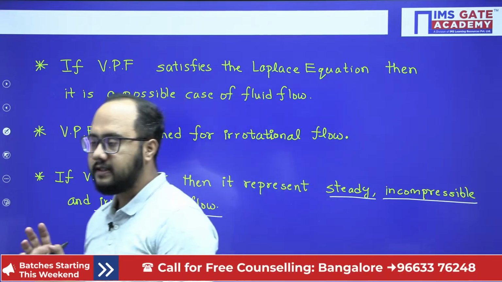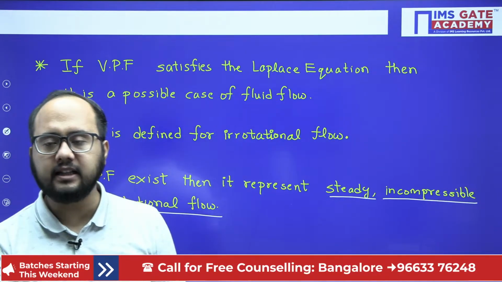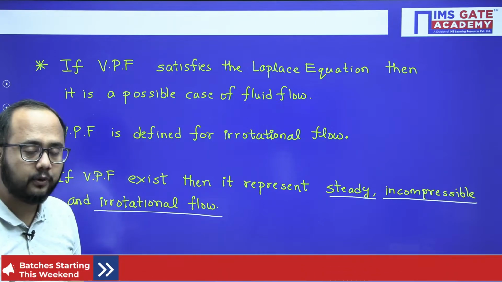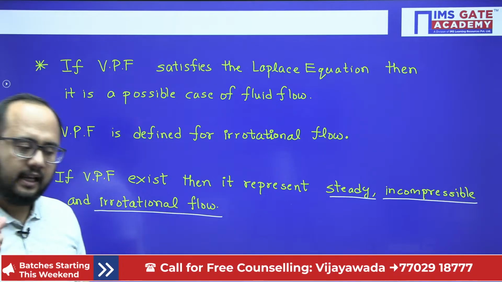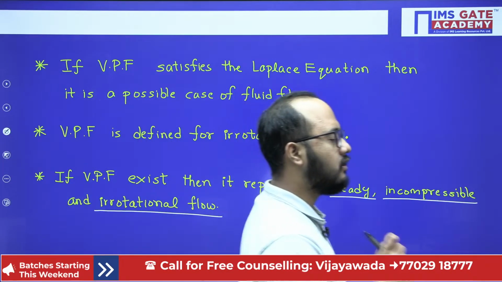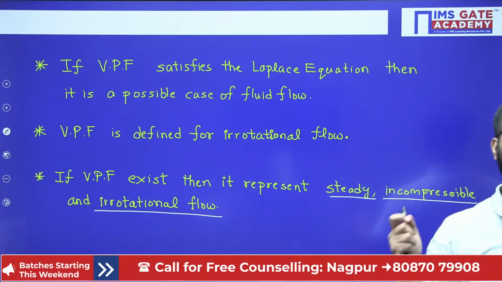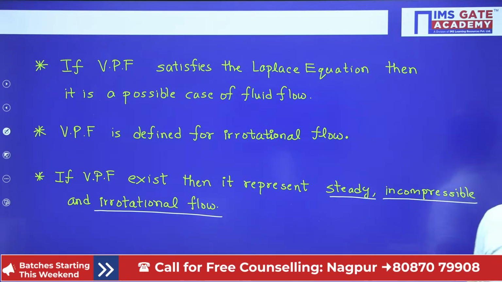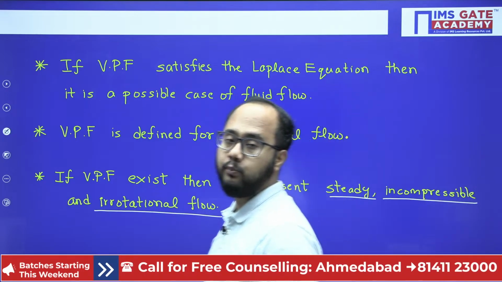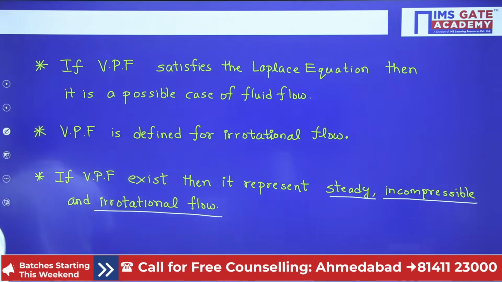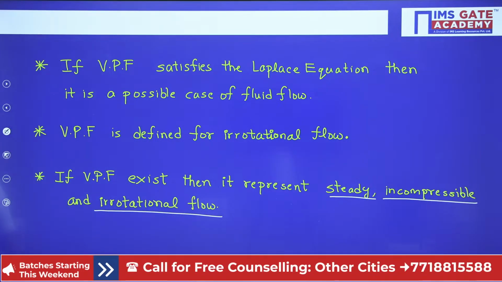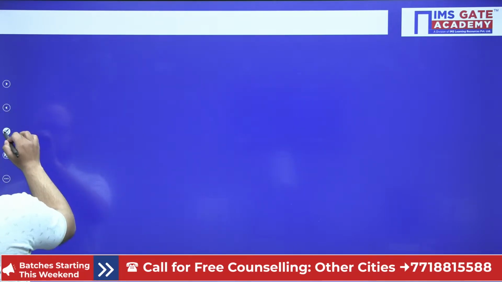Now, the second important point regarding the velocity potential function is the line along which this function will have a constant value. That line is known as the equipotential line. Okay, so we'll define it like this.